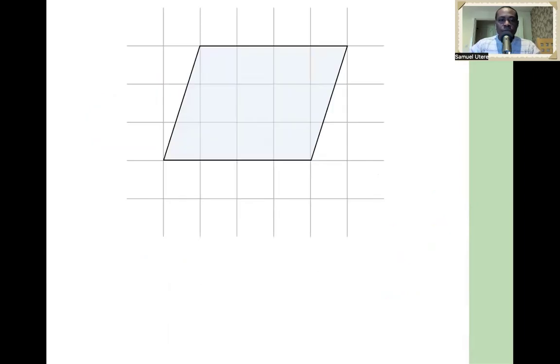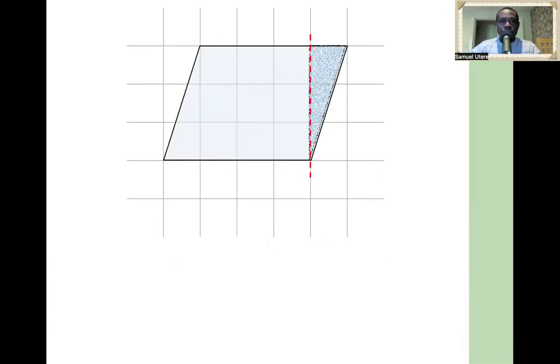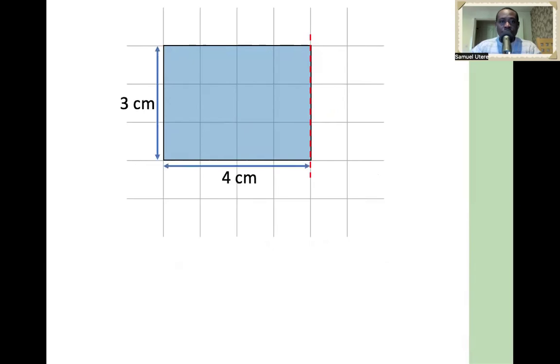What if we have something like this? What do we do? Well, we can take slices of the shape and move it over and see what exactly we get. So I'll do it again. Counting all the squares, we would see that our parallelogram is actually a rectangle that has 3 by 4 as its dimensions.